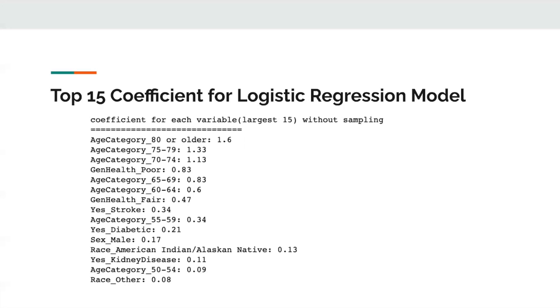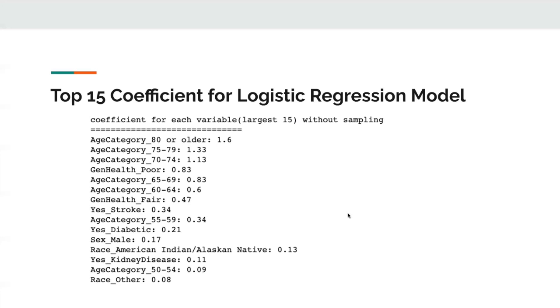I think the numbers of the coefficients are reasonable. Like for the age category, if a person is older than 80, then the coefficient is largest, which makes sense, I think. Yeah, and we post the top 50 coefficients here.